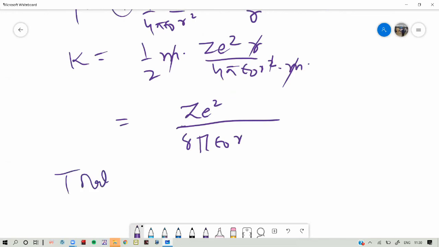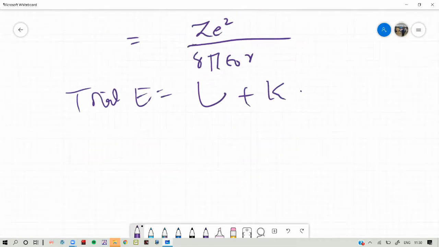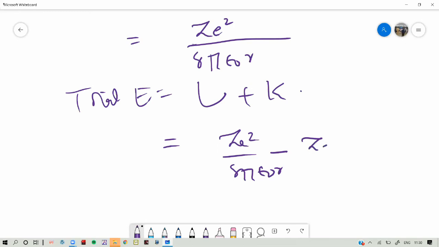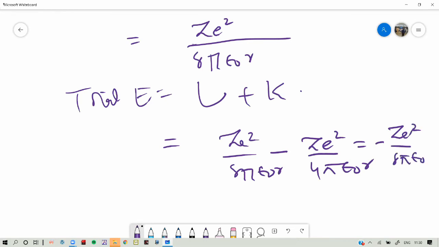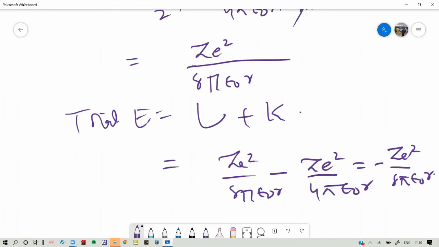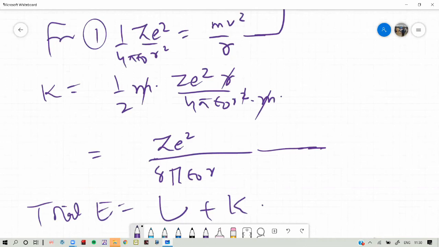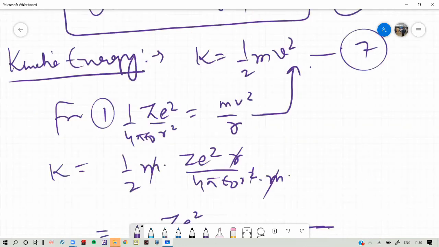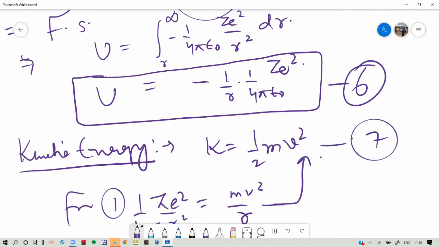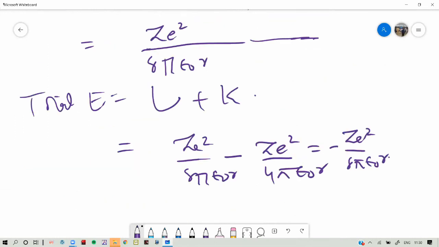Total energy will be U plus K, potential energy plus kinetic energy. Then it is z e square by 8 pi epsilon naught r minus z e square by 4 pi epsilon naught r. So we have added equations 6 and 7, and let this be 8.